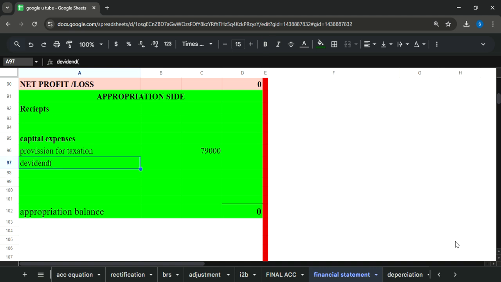So here amount is 4 lakh, and you will take 15% for calculation of dividend. 4 lakh was the amount of capital and it was said to give dividend 15%. So you will multiply it with 15 divided by 100. So we have got our dividend.